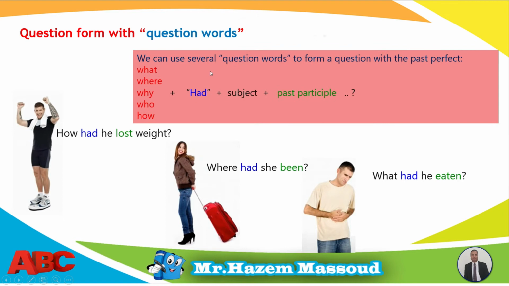We can use several question words to form a question with the past perfect tense. For examples, what, where, why, who, how, plus had, plus subject, plus the past participle, and don't forget to put a question mark at the end of the sentence.